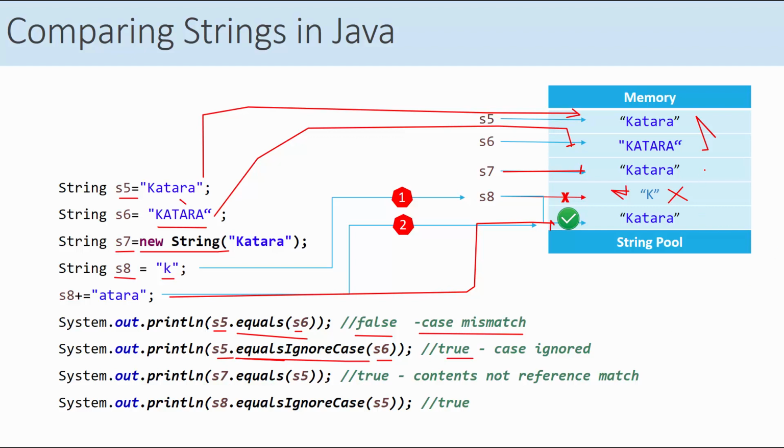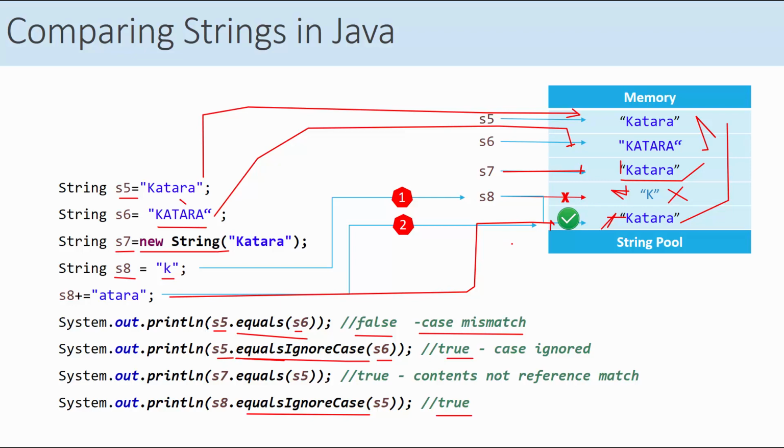Although both are in different references, the equals and equalsIgnoreCase methods compare the contents of the string, not the reference. Finally, S8, which is Katara now, if you compare it with S5 ignoring case, you get true. Because both are the same, even without ignoring case, you get true.